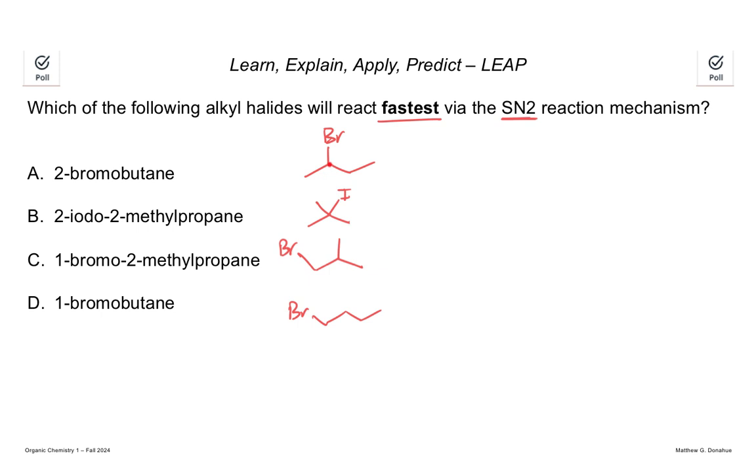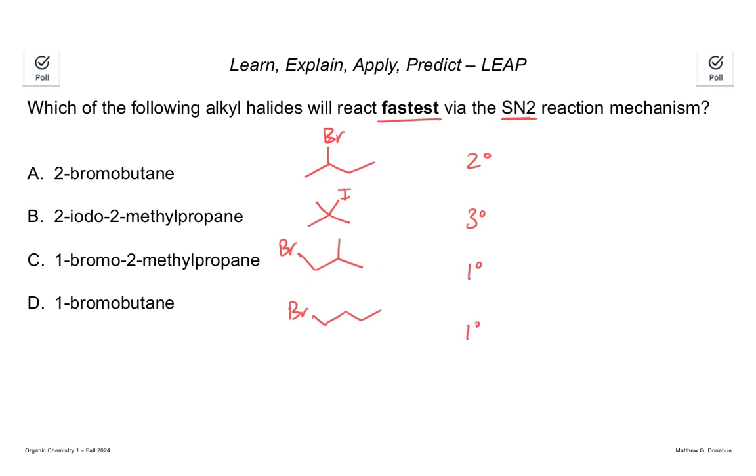So 2-bromobutane, we would say that's a secondary bromide. So that carbon is bearing 2 carbon substituents. 2-iodo-2-methyl propane is a tertiary halide. 1-bromo-2-methyl propane, that's primary. And then 1-bromobutane is primary.